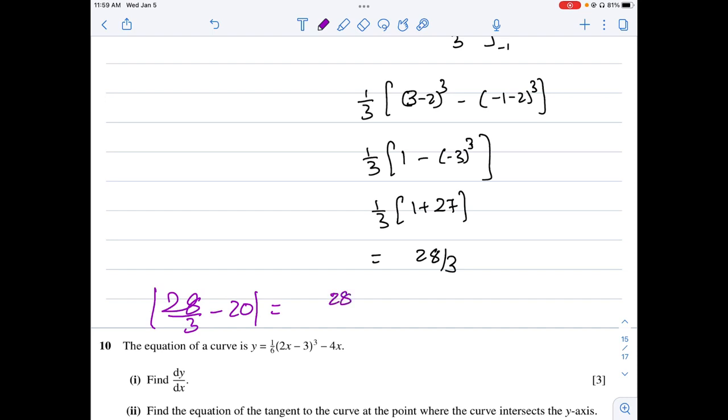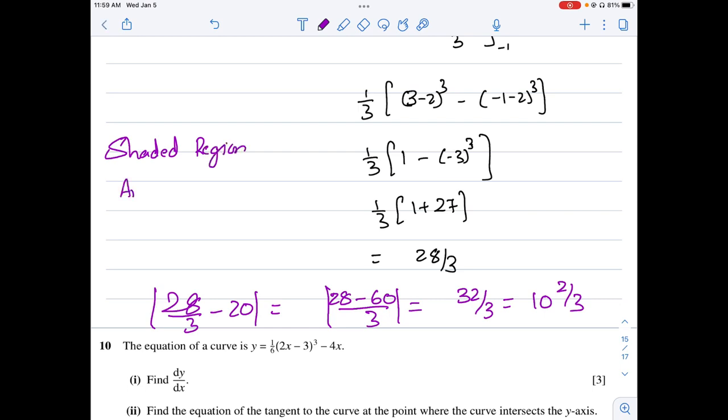So 28 minus 60 upon 3, which is going to be modulus 32 upon 3, or 10 2 upon 3, is going to be the area. So for the shaded region, area under the line minus area under the curve gives me the answer.